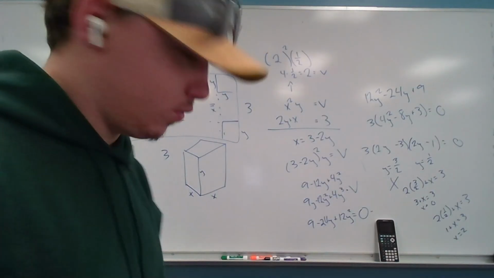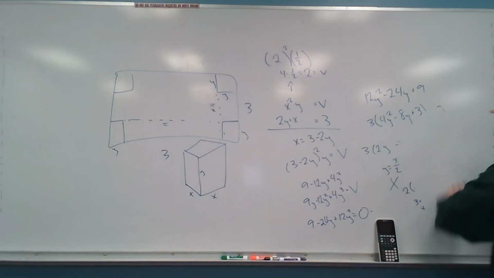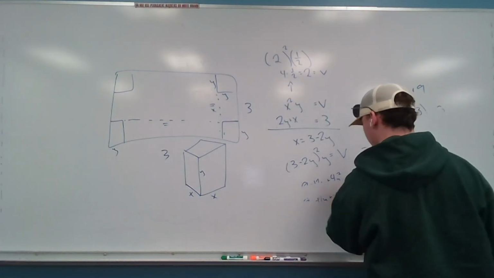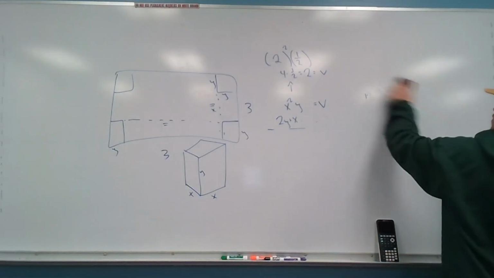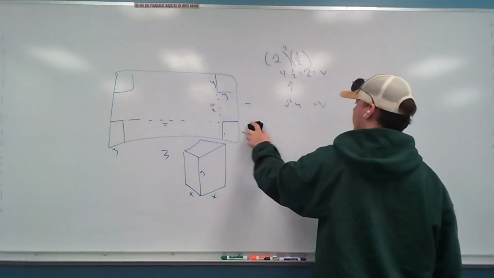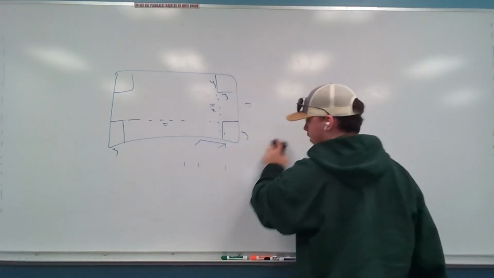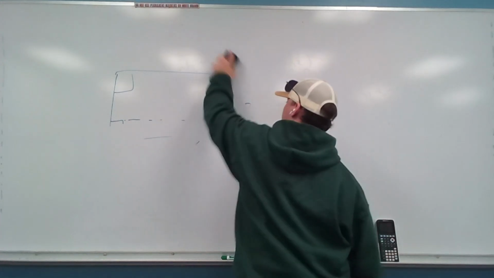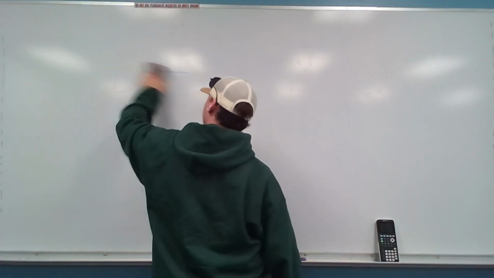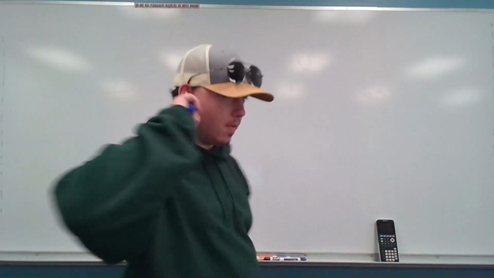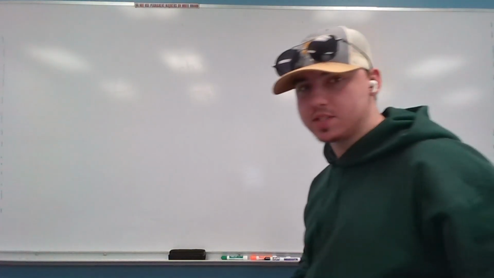Okay, here's a tough one that took me a bit the first time I solved it. Okay, a rectangular storage container without a lid has a volume of 10 meters cubed.